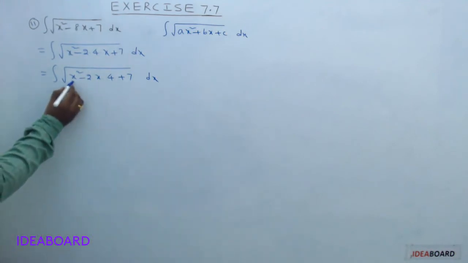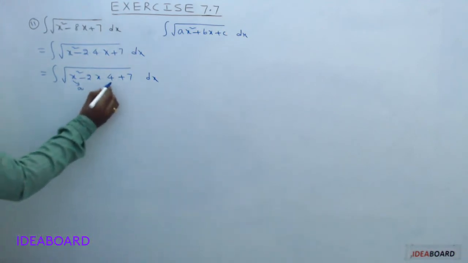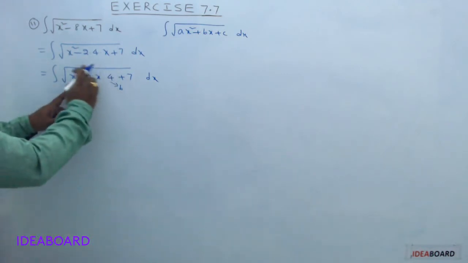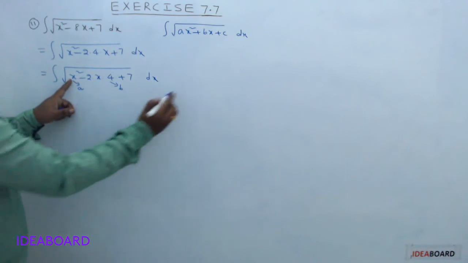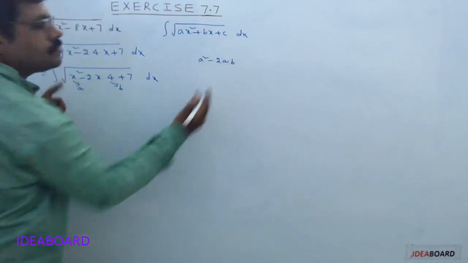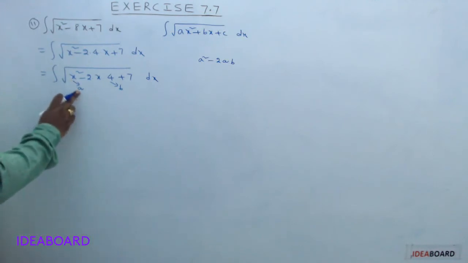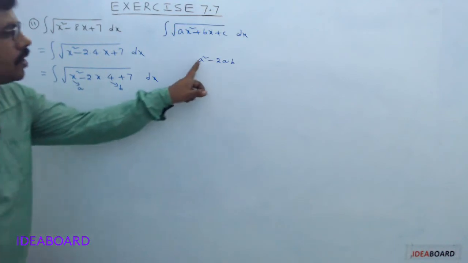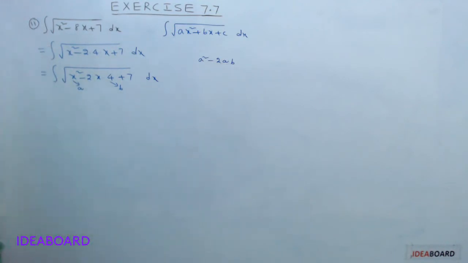Now here, if you consider this x as a and this constant 4 as b, this expression is of the form a square minus 2ab.